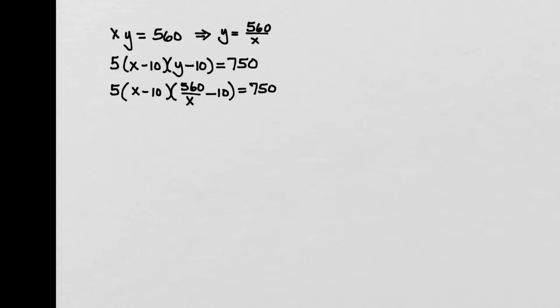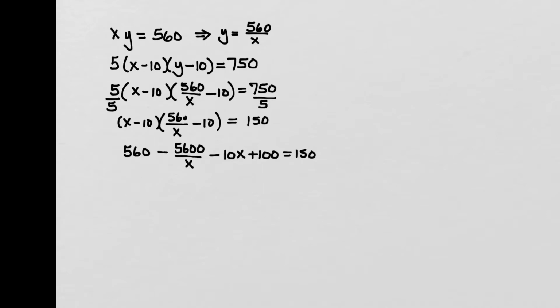Now I'll FOIL this and distribute the 5. Well, let's see, it's easier if I just divide both sides by 5 to get rid of that 5. So then I have x minus 10 times 560 over x minus 10 equals 150. And now I can FOIL and work this out.